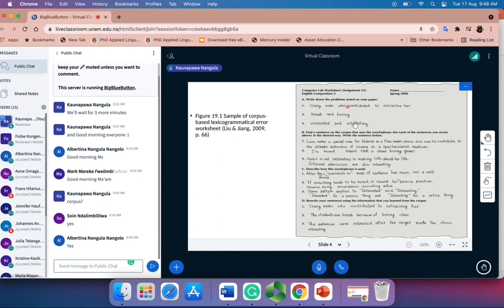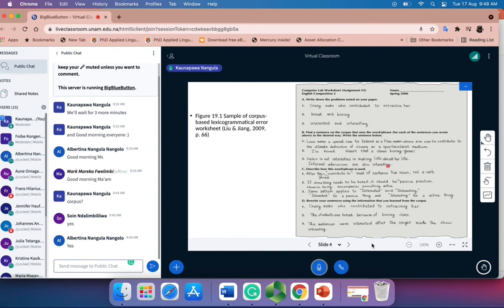So those are the lexical grammar items, problems that they have. And then here we have got some examples that they found, how they've used contribute to correctly, bored and boring correctly, interested and interesting, how they've used it correctly.